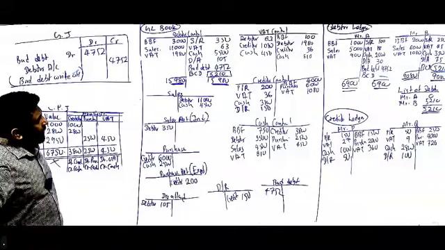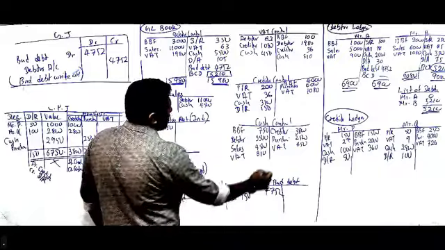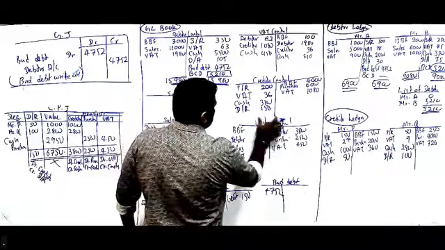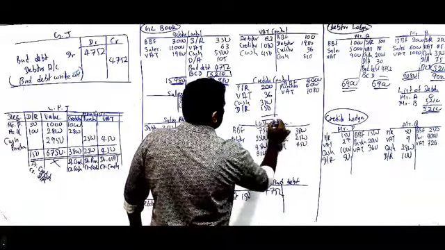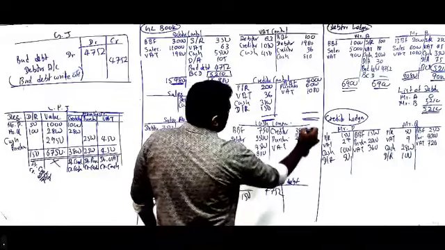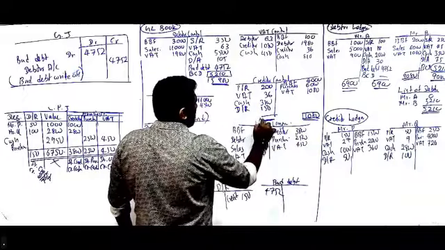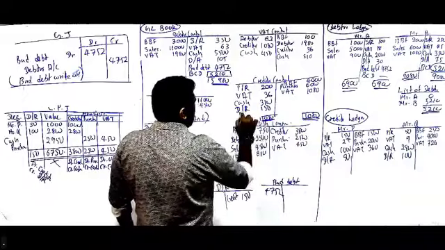Balance the creditor control account. 10,000, 11,080. What's the BCD?